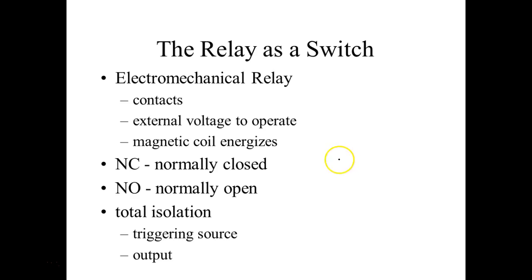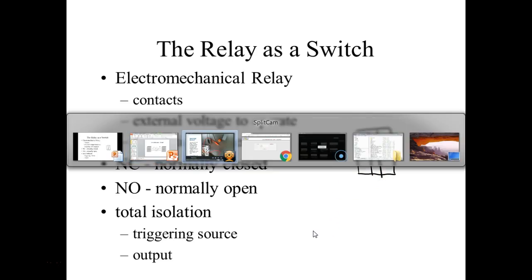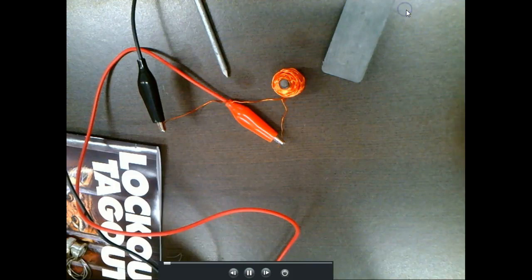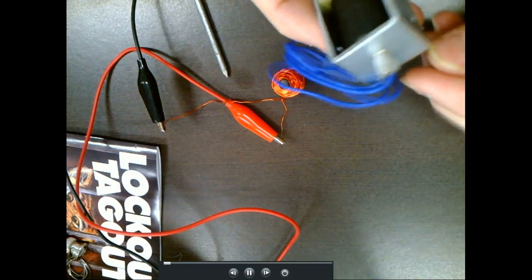The way a relay works is we have a device we call a solenoid. What we do is there's a tube through a solenoid. Now I got one of those. So this is a solenoid.